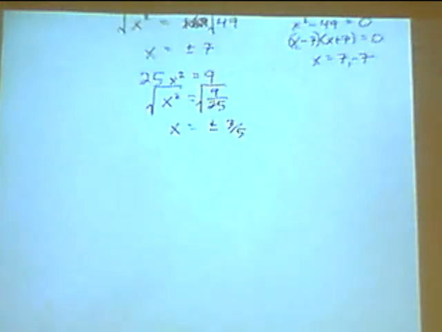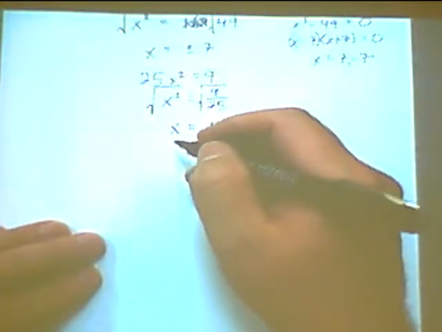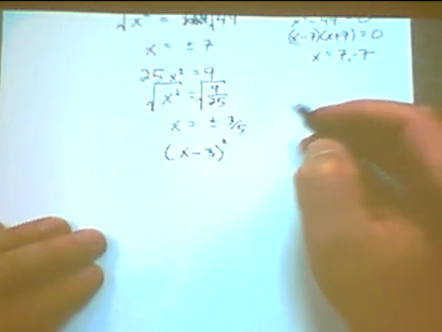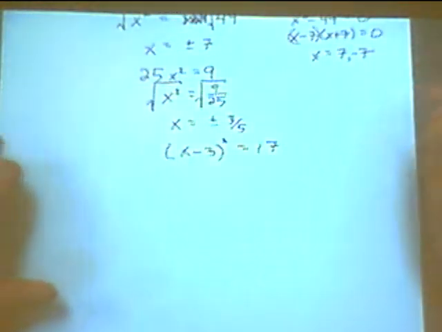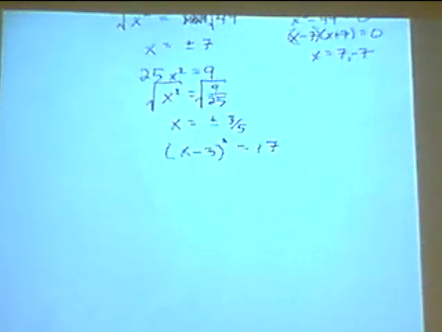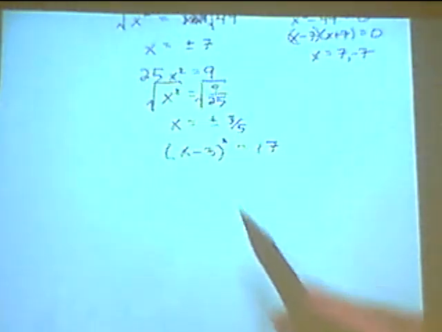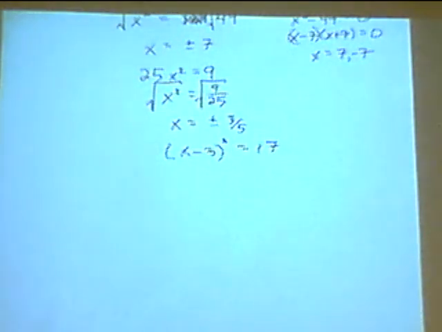One more example, a little twist. X minus 3 squared equals 17. So now we don't just have the variable by itself squared, but the x is inside of a parenthesis. This is actually a binomial, and the whole binomial is squared.